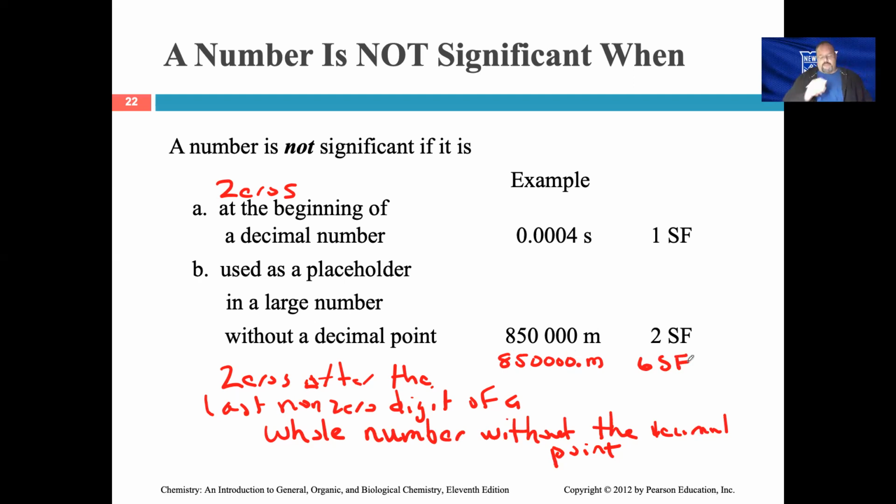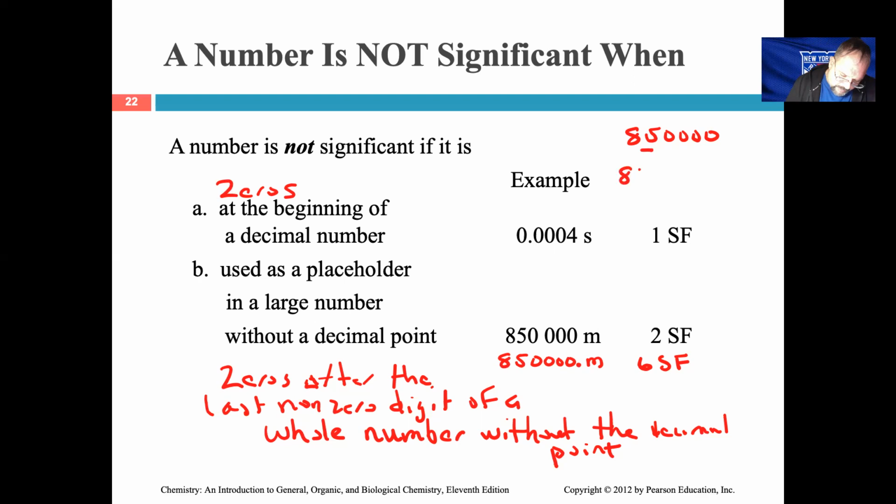So what's the difference? Remember, significant figures are all the certain digits and the first estimated or uncertain digit. Without the decimal point, the first estimated or uncertain digit is the 5. So is it really 850,000? Or is it 840,000? Or is it 860,000? We're estimating in that place.